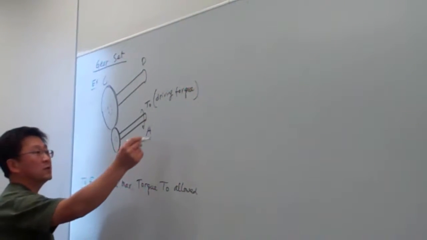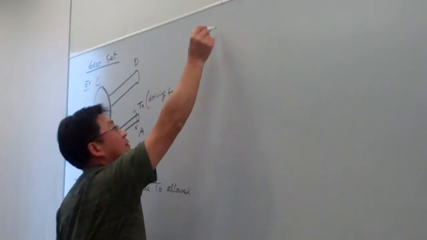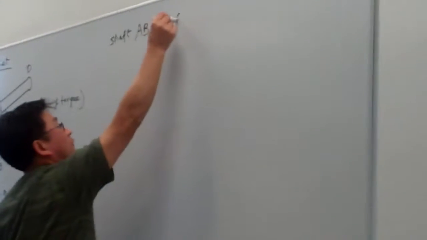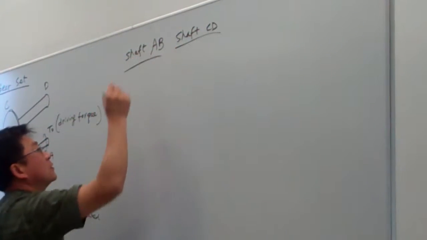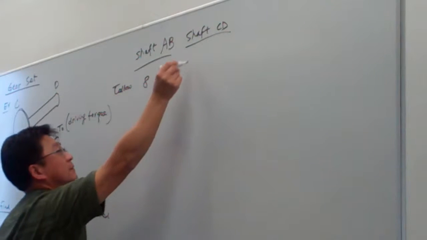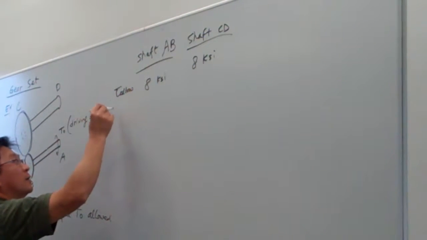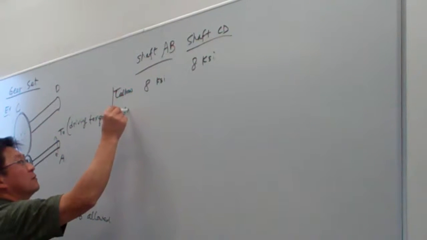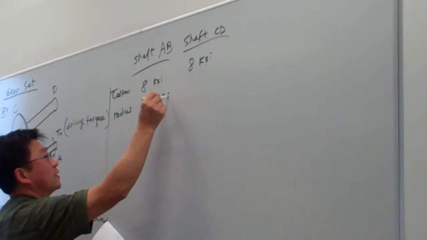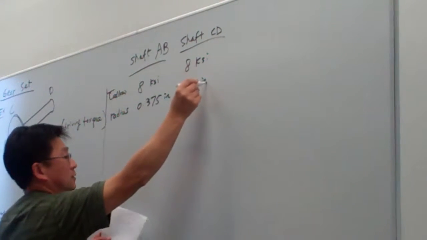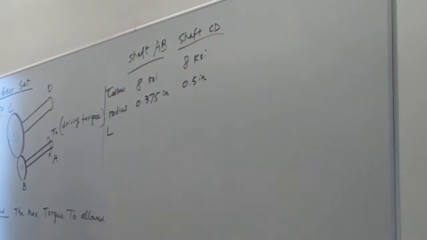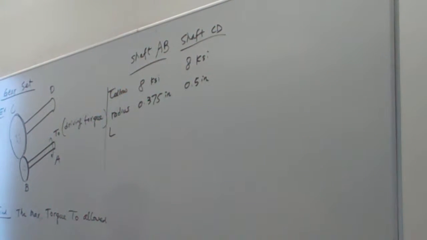Allowed means that for the shaft AB and shaft CD, the allowable stress is 8 KSI. Its radius is 0.375 inch, and this is 0.5 inch. And the lengths are 24 and 36.